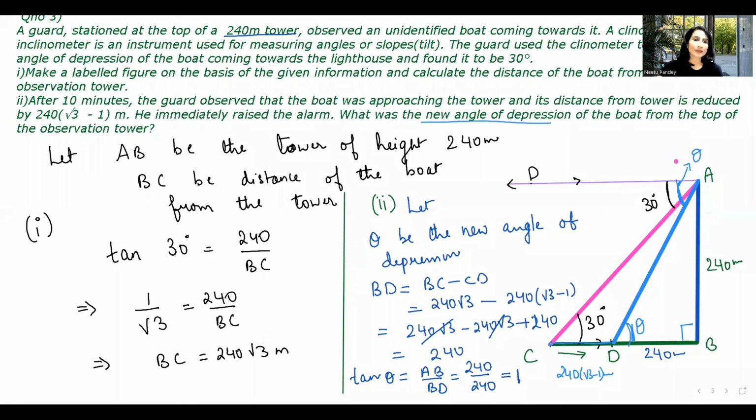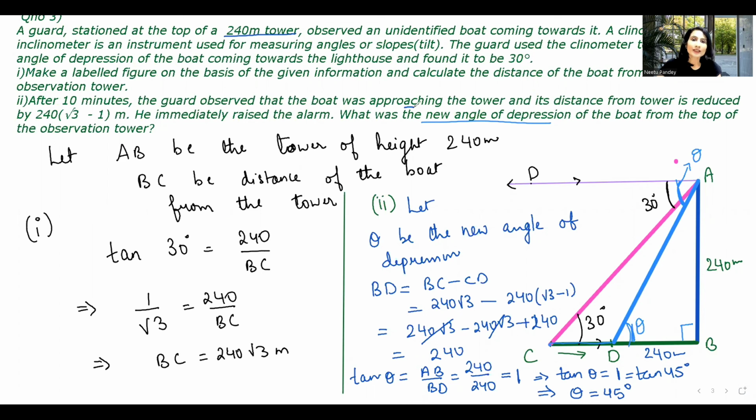So tan theta is equal to 1. अभी tan theta की series में अगर आप value याद रखो, so tan 45 is equal to 1. So tan theta is equal to tan 45. So this implies theta is equal to 45 degrees.